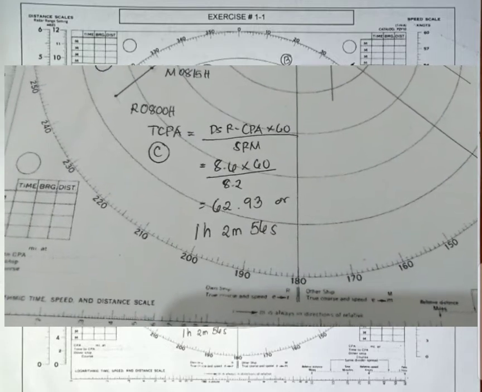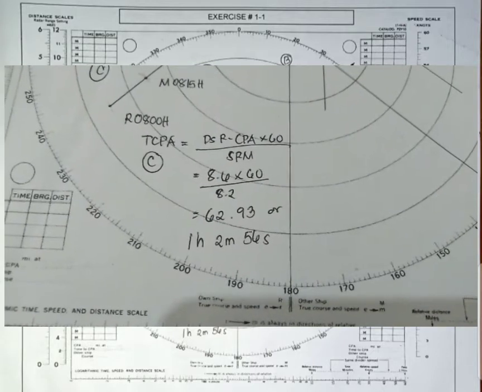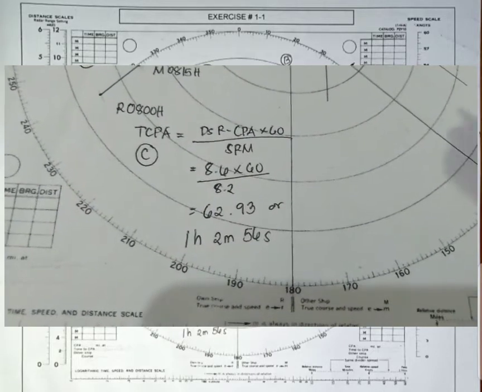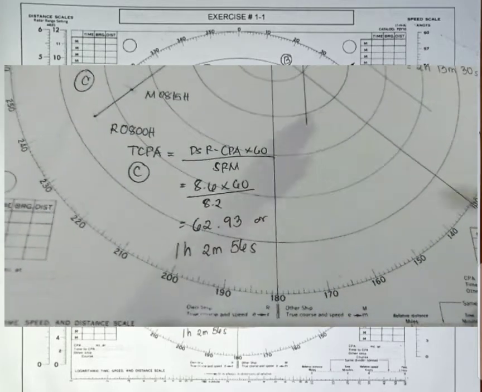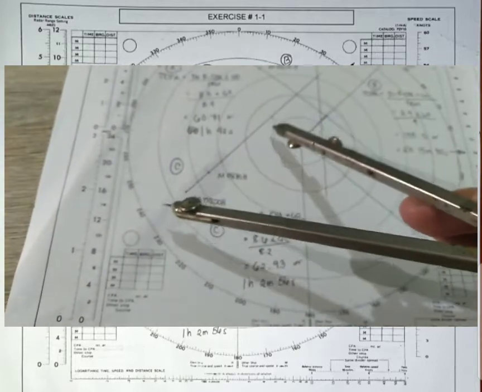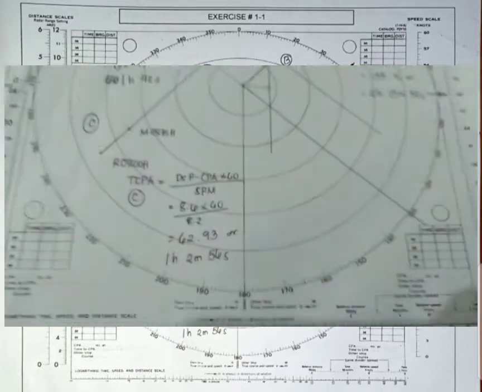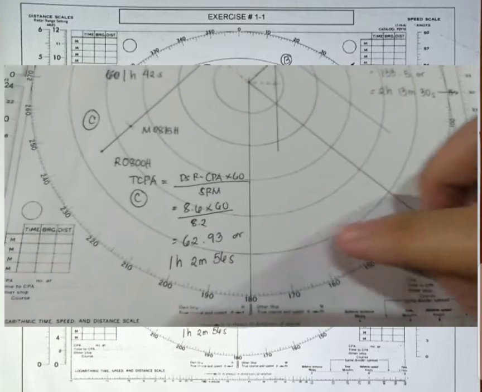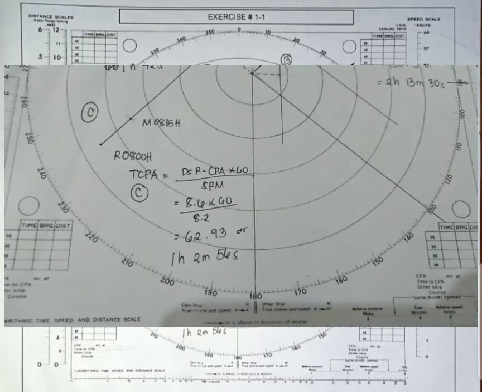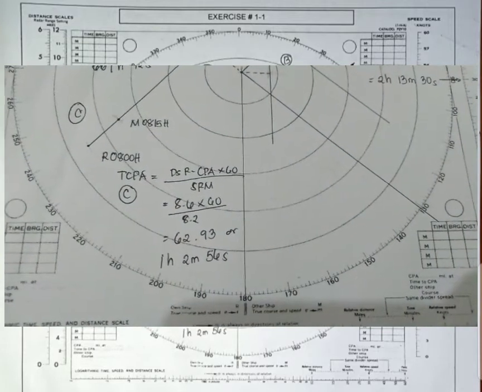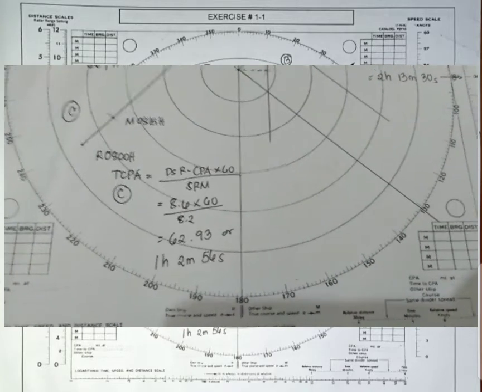And for the TCPA, we have here our calculation. As you can see, TCPA is equal to distance R to CPA times 60 divided by SRM, or the speed of relative motion line. So from the distance R to CPA, we measure that, then transfer with our scaling, and we have measured 8.6, so we have to multiply it by 60 and divide it by 8.2, which is the speed of relative motion line, and that would result in 62.93 minutes, or simply 1 hour 2 minutes and 56 seconds.